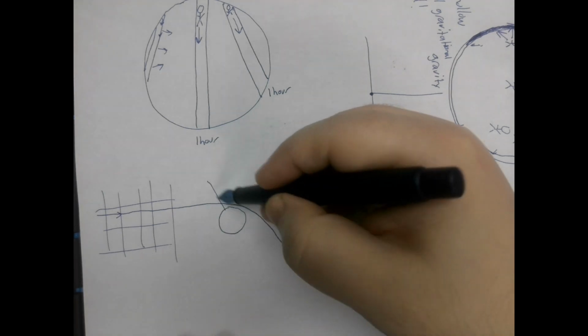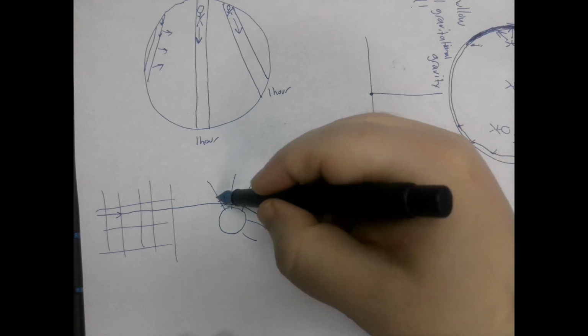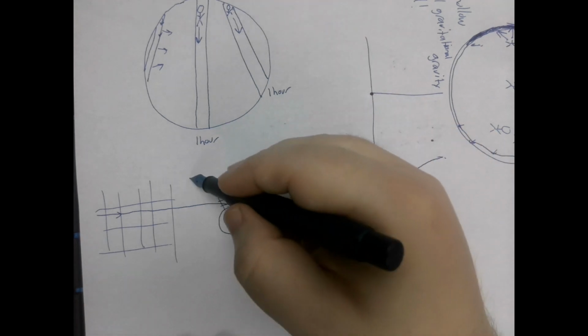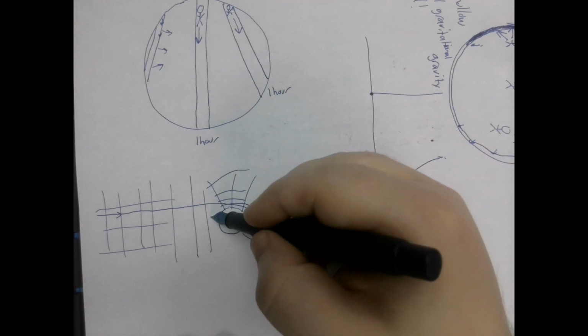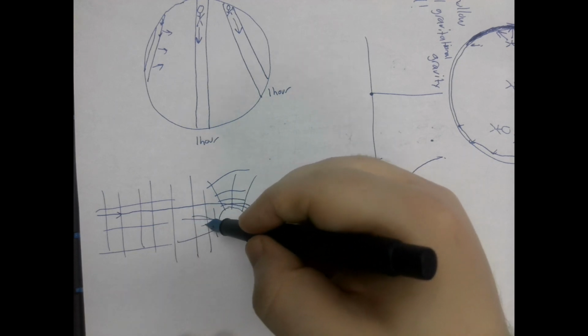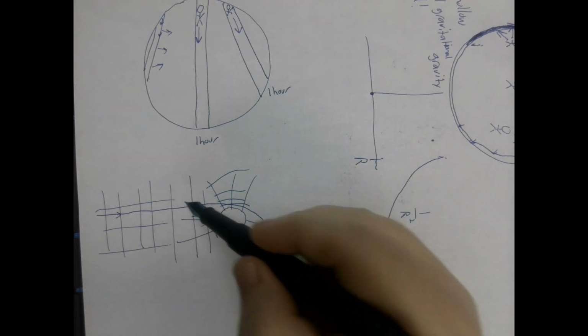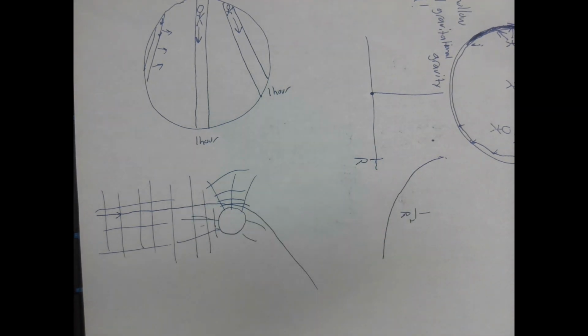What happens is around this point, the grid lines are compressed. It's hard to draw, but you see that there's a compression in the fields, and so light would be bent around it.